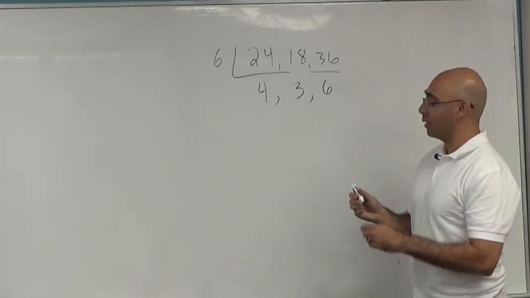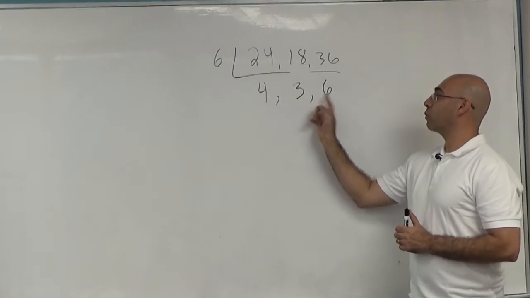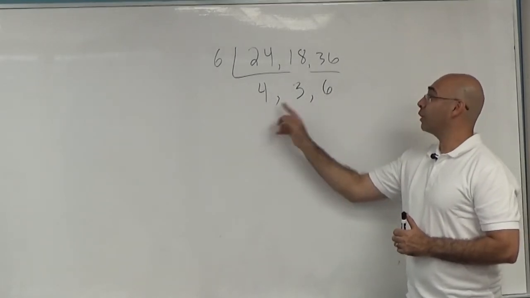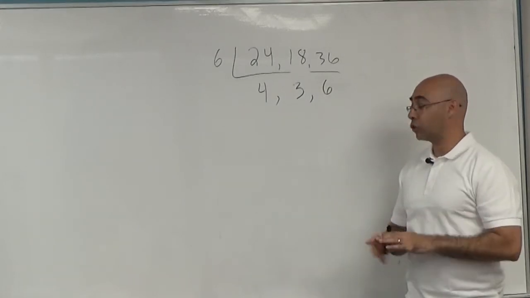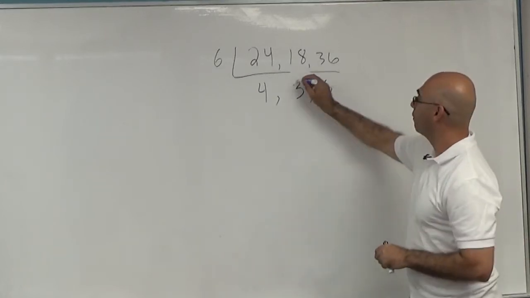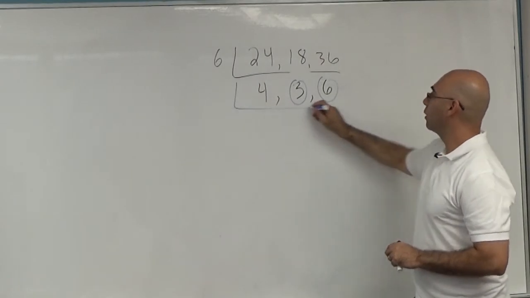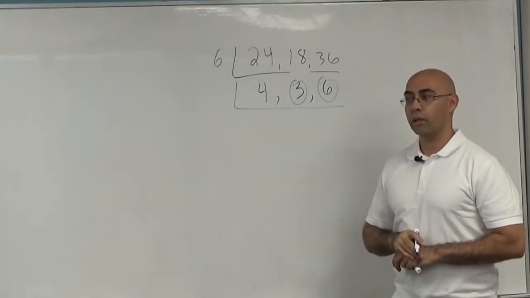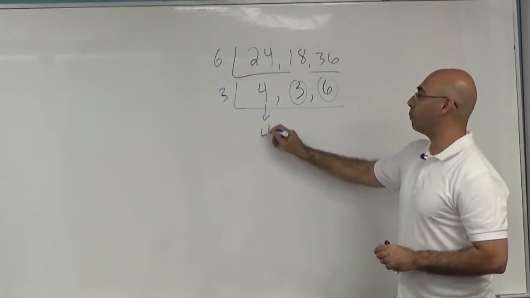Then I look at this and find that I can reduce the 3 and the 6. I can reduce the 4 and the 6, but I can't reduce the 4 and the 3. So I just choose. I'm going to circle the 3 and 6 and reduce just these two numbers. What can I reduce these two numbers with? Yes, a 3. The 4 I can't do anything with, so I'll drop it down.